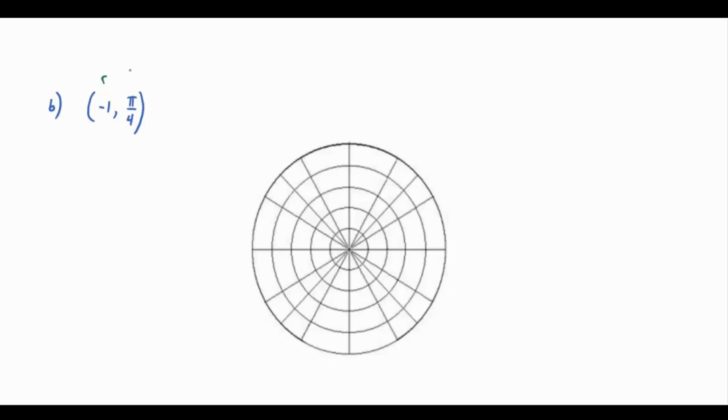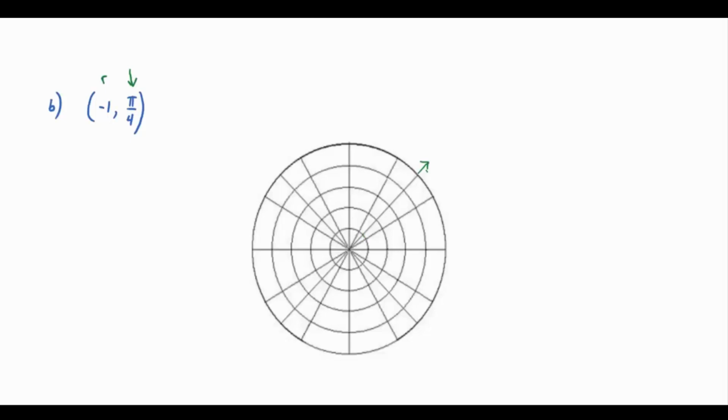In this particular case, when r is negative, I'm going to actually do the angle first. So go out an angle of pi fourths. That puts you kind of looking in this direction right here, right? But then instead of going out 1 to here, that would be the point if it were positive 1 comma pi fourths, right? But what do you think you're going to do then?